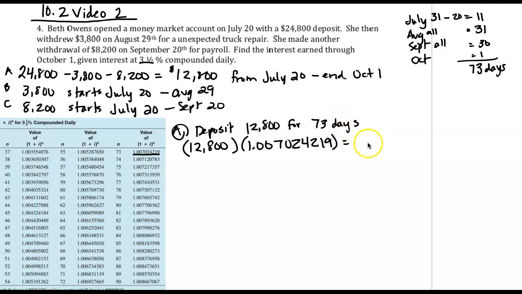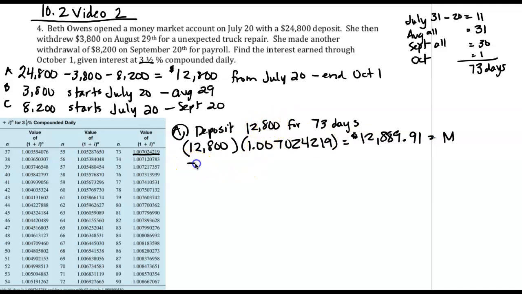And when I multiply, I get $12,889.91. That's the maturity value for the $12,800 that stays in for the entire amount of the account.